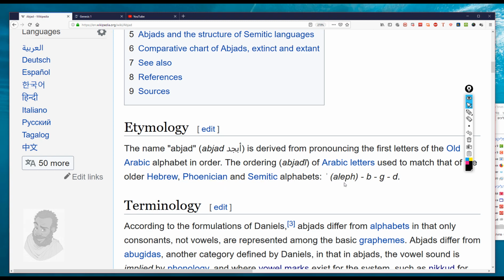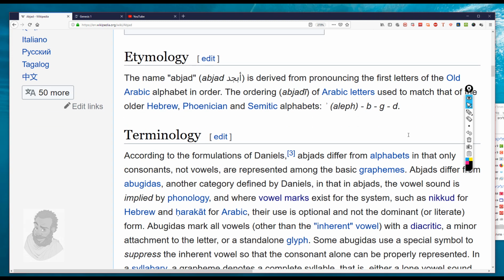So again, Aleph here is in parentheses because it said that Aleph never had a sound. It actually does. It's a mysterious consonant / vowel. Aleph, Beth, Gimel, Daleth. It's the same thing as Arabic, okay?